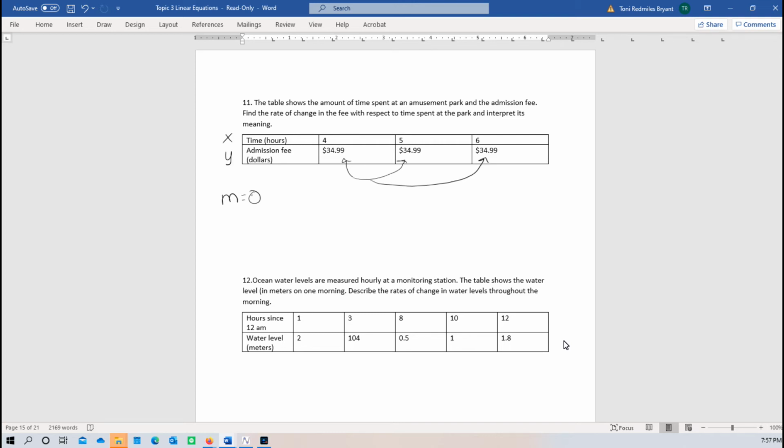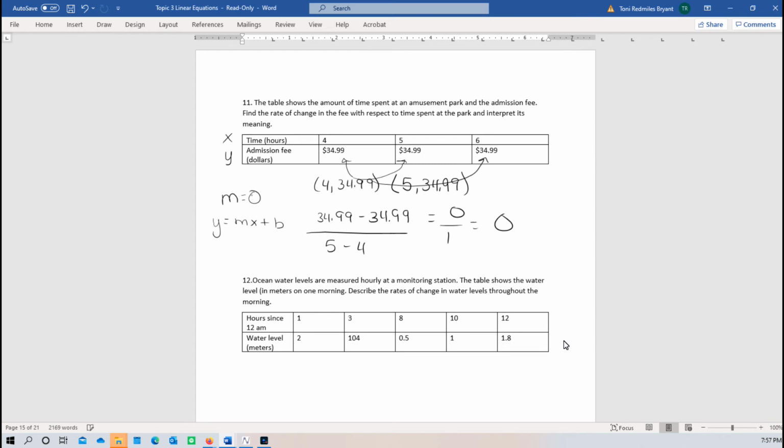I could do that mathematically by looking at 4 and 34.99 and this other point 5 and 34.99. And when I go to subtract my y values, I'm going to find that they totally disappear, which is a 0 slope. Now I want you to see something interesting in this one. So let's say I wanted to write the equation of this one.